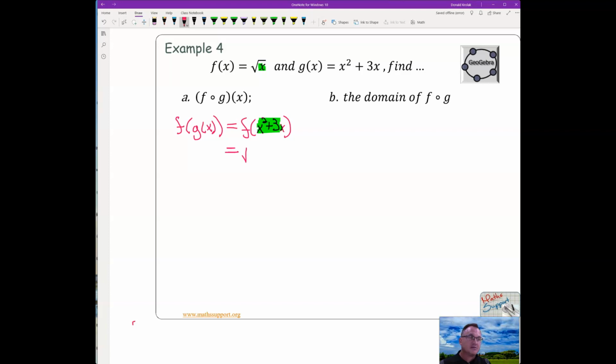So that's going to be square root x squared plus 3x. And there's my composite.